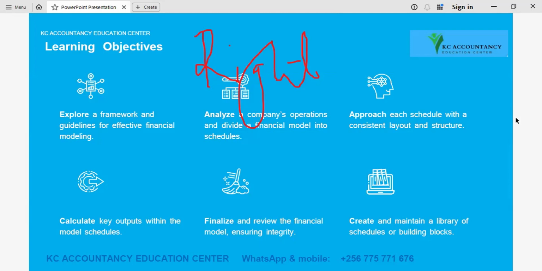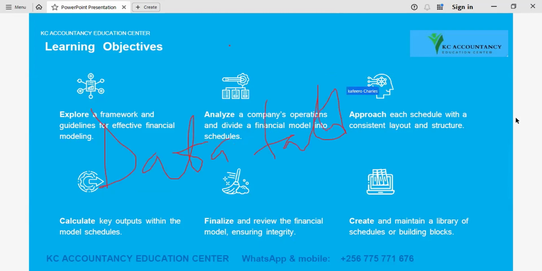So for those who actually don't understand how to use them, it's the right time for you to get to this point. So it's better you make sure that you follow through until we finalize these values, because these data tables are actually very important.